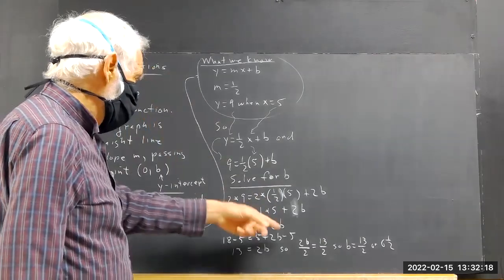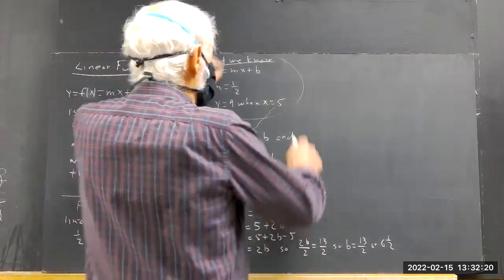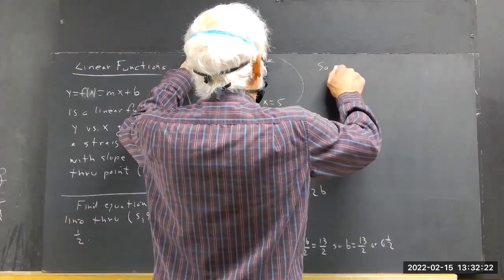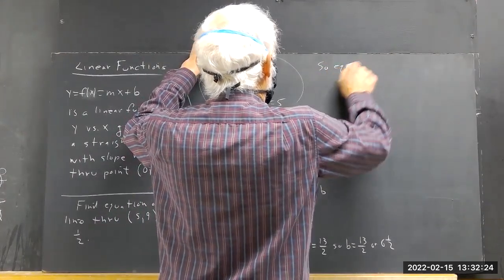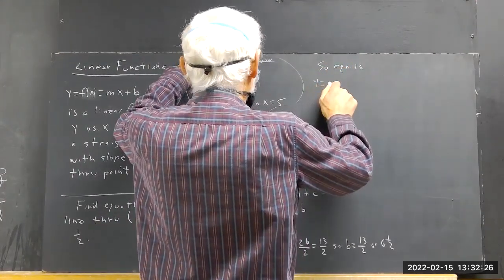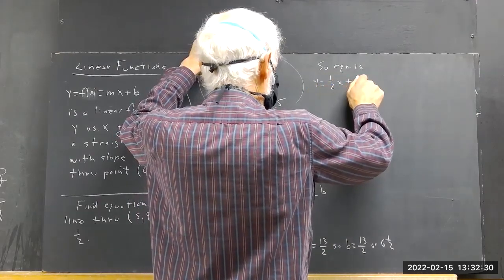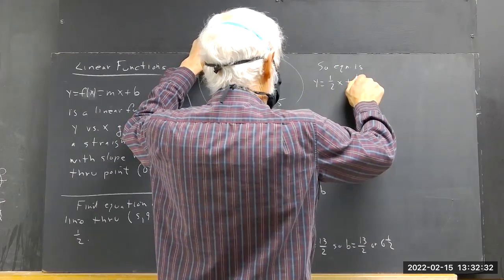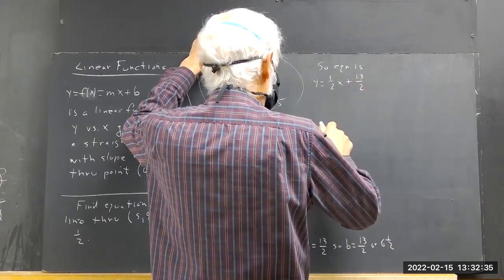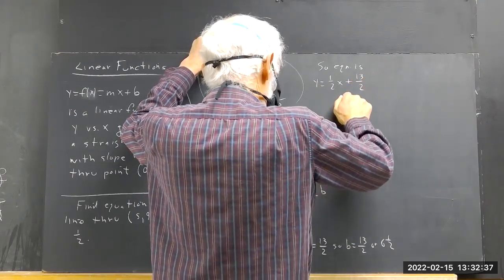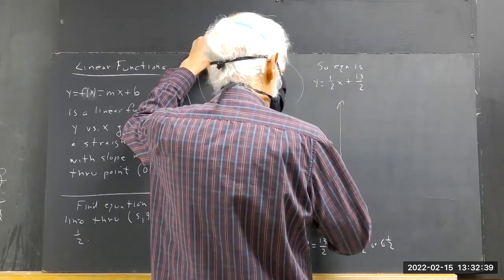So now our equation: y equals 1/2 x plus 13 halves. Now, can we graph the equation?